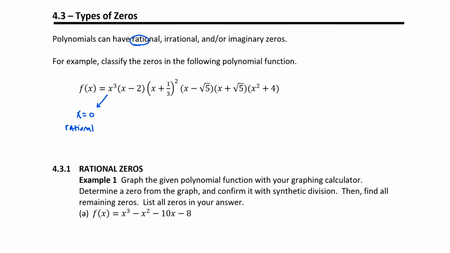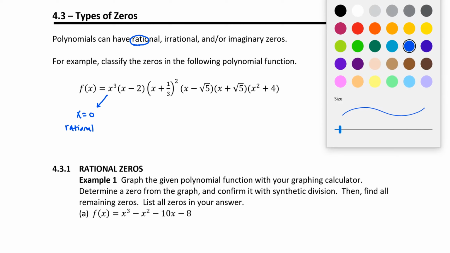Irrational numbers cannot be written as a fraction. So, rational numbers include integers, fractions, terminating decimals, whereas irrational numbers contain non-terminating, non-repeating decimals or square roots that cannot be simplified, for example. So x equals 0 is a rational number.